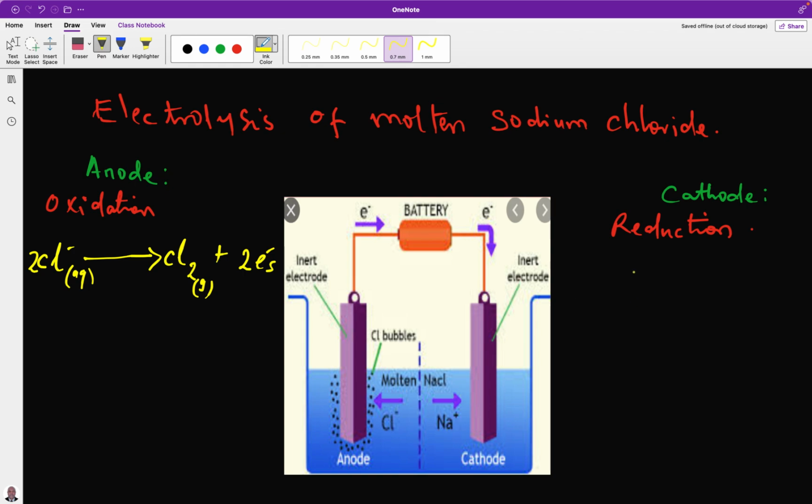Meanwhile, at the cathode, what is happening at the cathode? There is sodium that is deposited there. So what happens? The sodium ion is positively charged, so it must do what? Sodium must gain back the electrons.